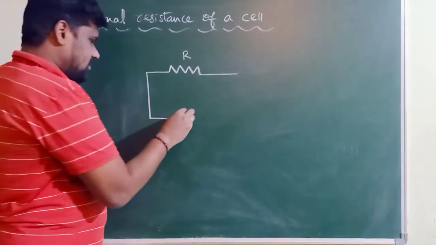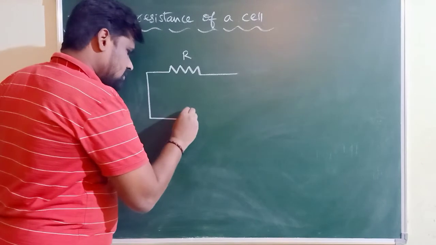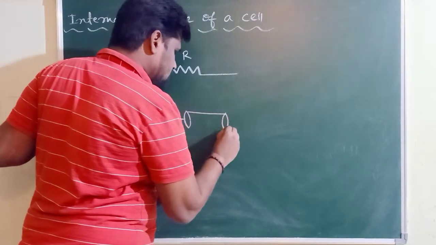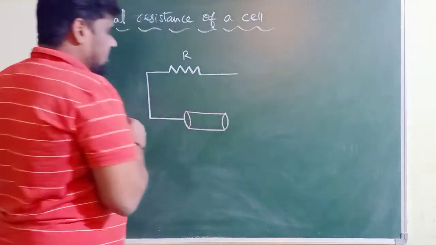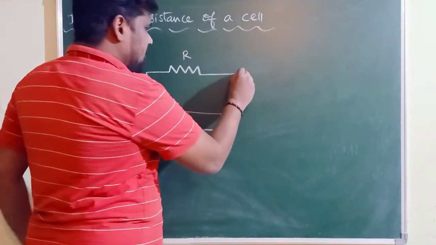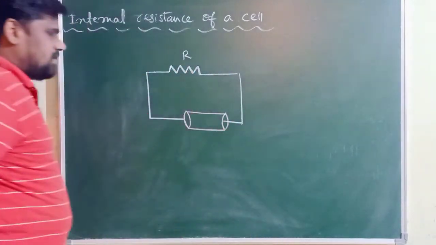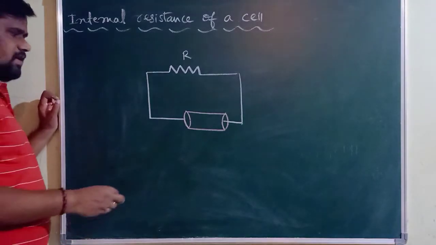So across the cell, the wire is connected, and that conducting wire is going to have certain resistance, and that resistance we'll call it R here. Say for example, this is the cell which is connected here.